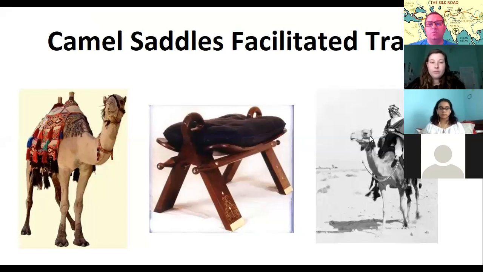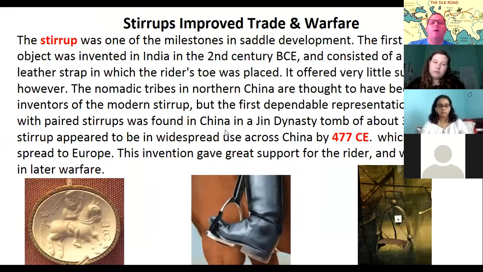Also, and this is a weird one, you have the camel saddle becoming extremely important. Now, this is one of those things where we're like, what, a saddle? How important could a saddle possibly be, or how important could a stirrup possibly be? Stirrups, for those of you that don't know, that's where you put your feet in, okay? Well, here's the thing.